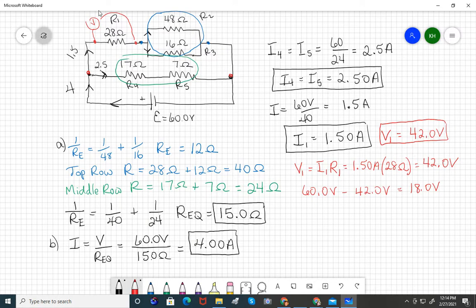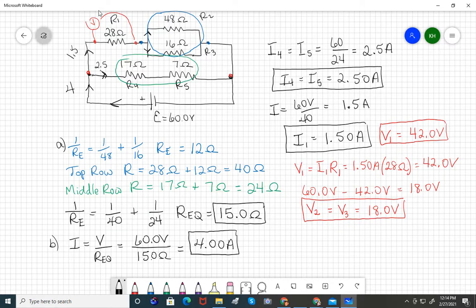That tells me that V2, which is the same as V3, those second and third resistors, is 18 volts. They're in parallel, so they have the same voltage. That's going to help us determine how much current is going through.